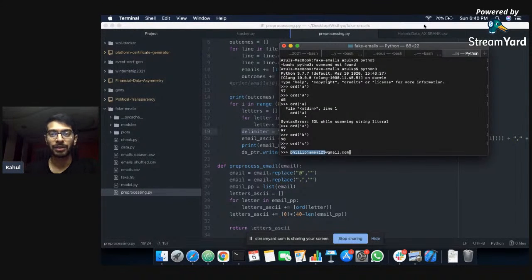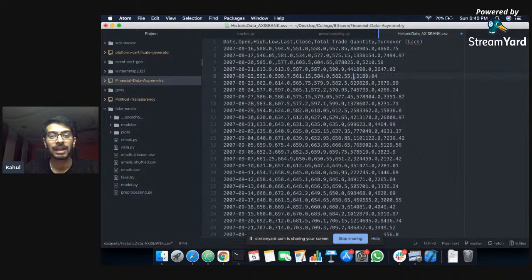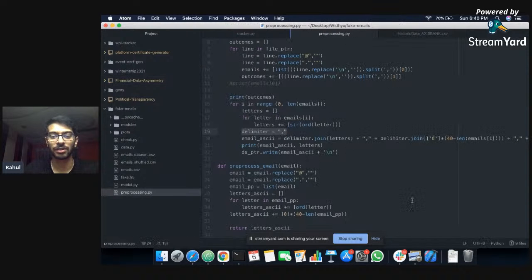If you remember in the data set we saw earlier, I told you that we'll have to fill up all the missing values, right? That is because if you don't fill up the missing values, you're going to get an error since you don't have all the values filled. So you need to make sure that every cell is filled with some value or the other, and that's exactly what we're doing over here. Since we have defined 40 to be the highest length, a username can be of max 40 characters.